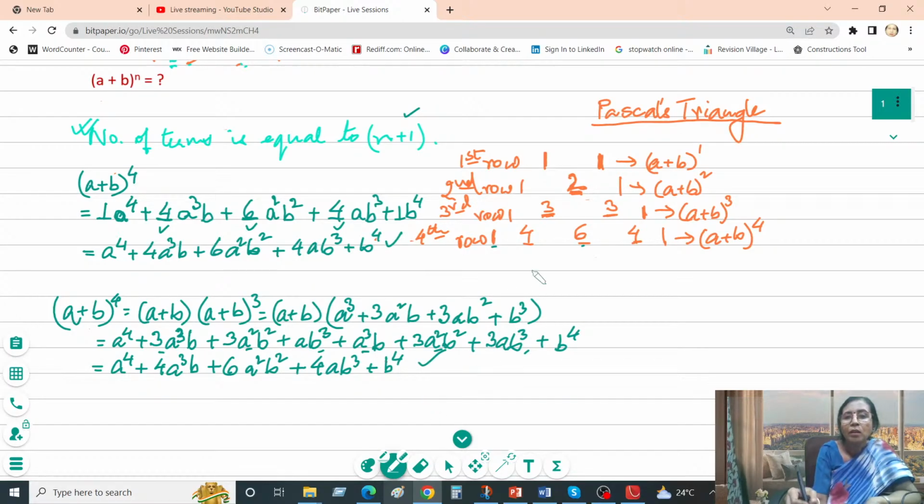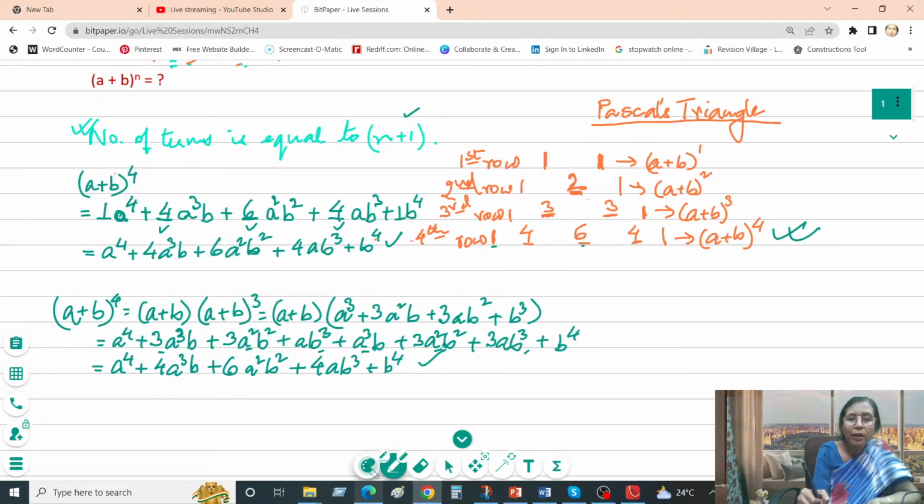So, we have verified that the Pascal's triangle can be relied on. The Pascal's triangle gives us the correct numerical coefficients. Okay. So, now that we have found a plus b to the power of 4, and of course you can find what will be a plus b to the power of 5's coefficients, you just go on getting the rows.